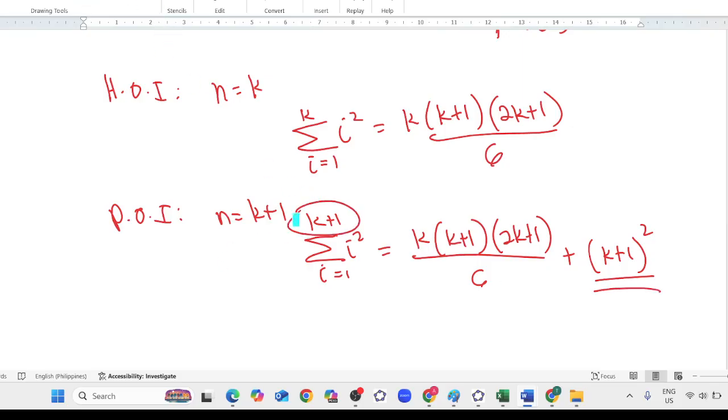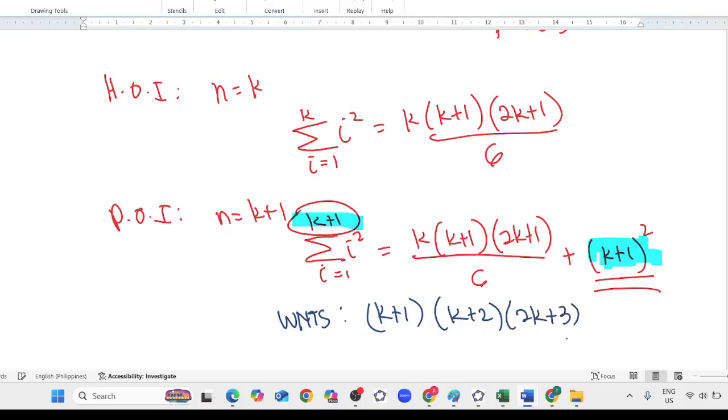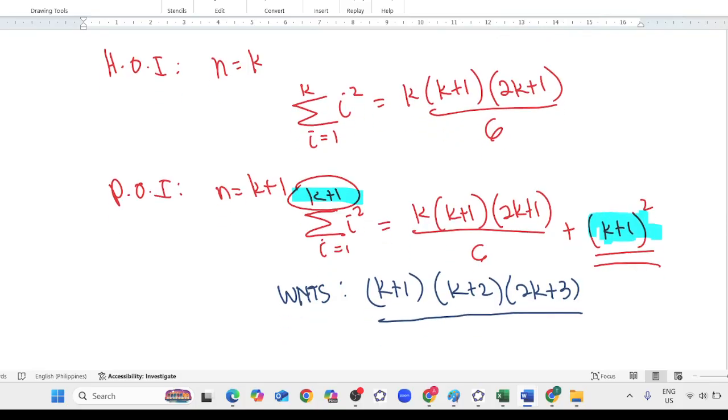Note that. So the goal, or the target, we need to show, this is scratch work, is k plus 1 times k plus 2 times 2k plus 3 divided by 6. Right? So this is our target.